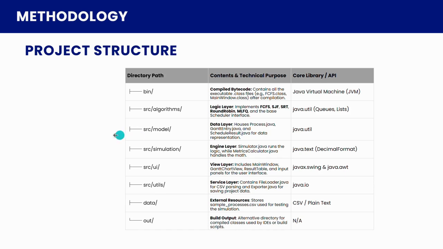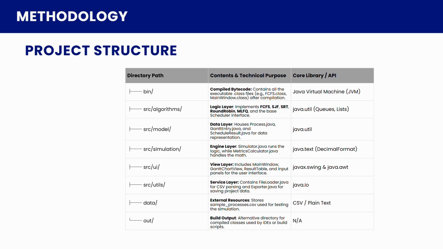And the next one is src/model. It is basically the data layer. We write Process.java, GanttEntry, and ScheduleResult. So it is basically for data representation. And the next one is src/simulation.